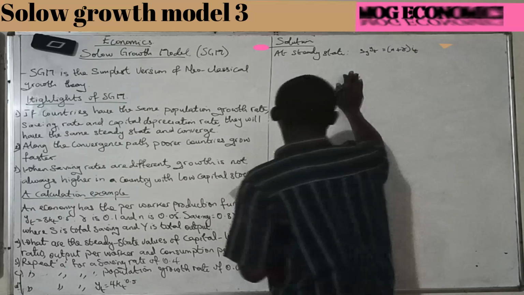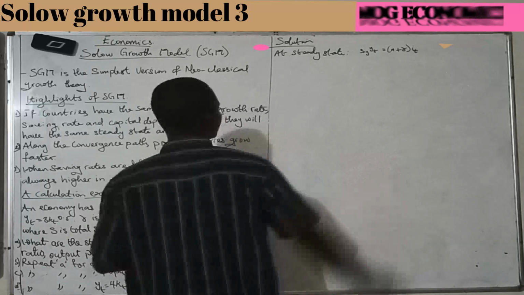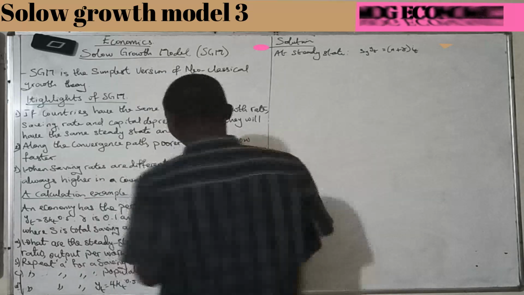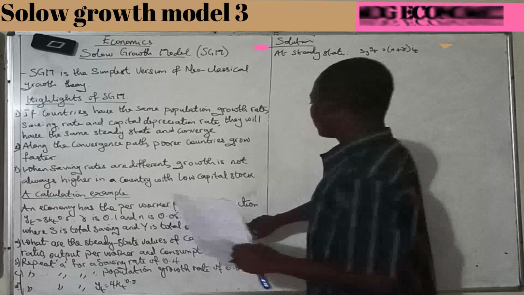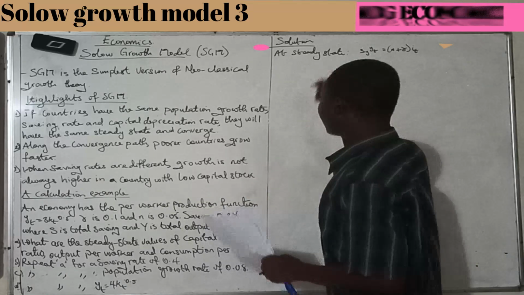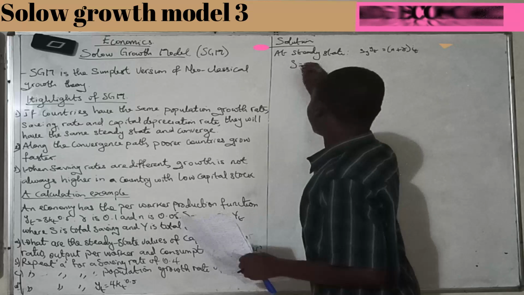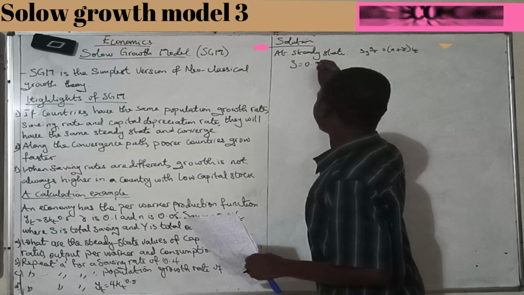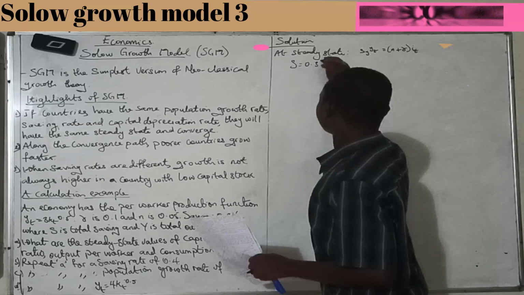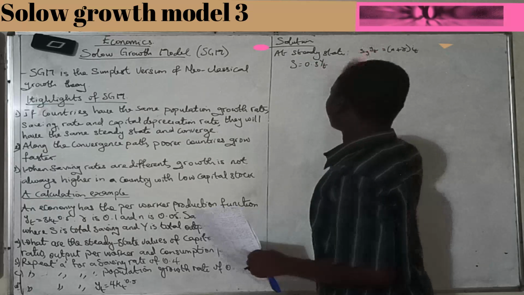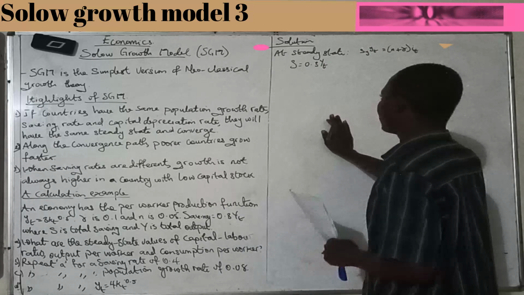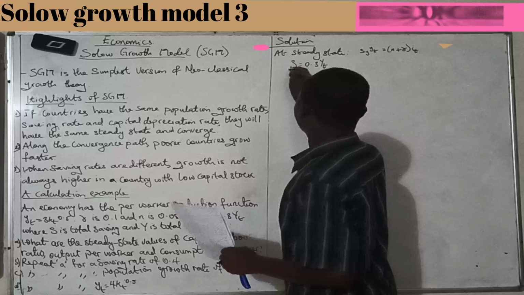But we are at equilibrium anyway, so we can just suspend the T. Here we're given 0.3, which is the national saving. The national saving S is 0.3 YT. So all we have to do is divide this through by the population, the number of workers.